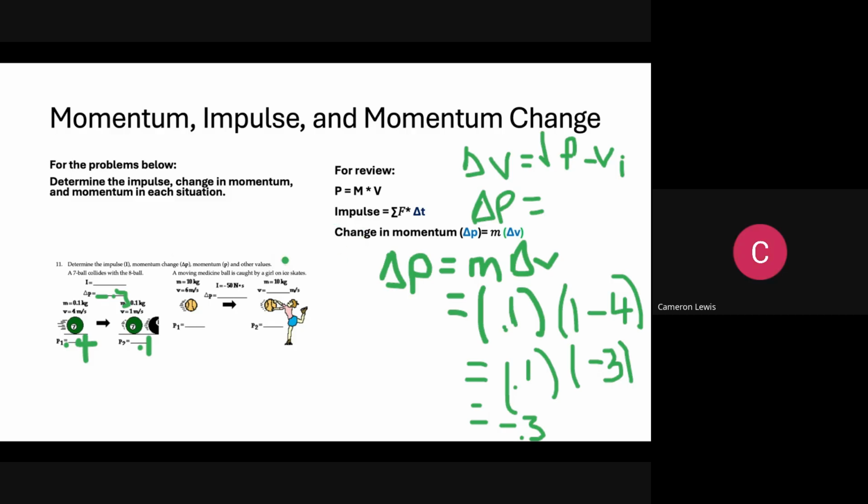Yes, but there's another way we could do it. Imagine we have two different momentums. How will we find a change between these two momentums? We would just subtract them. So if we think about the change of momentum, we could find it by subtracting the difference between two momentums.